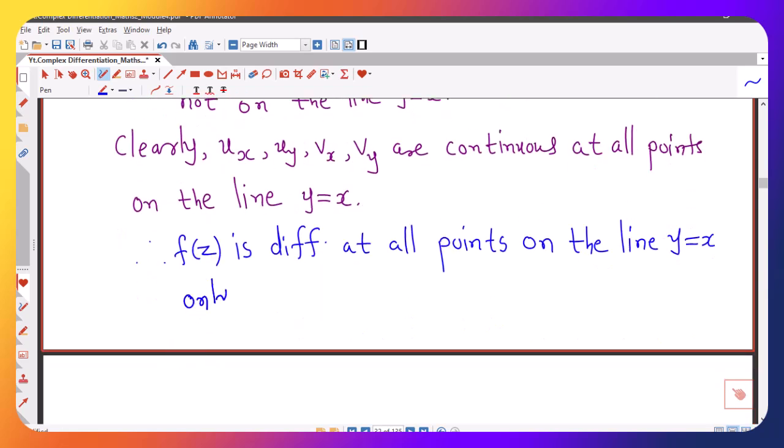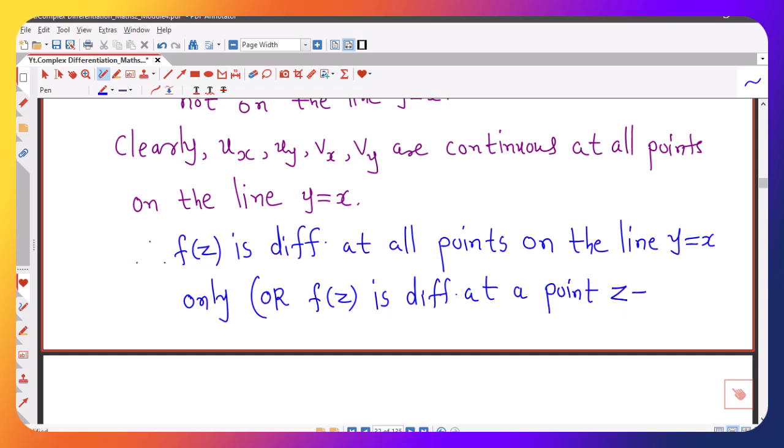So I am using the words at all points on the line y equal to x, or we can say that f of z is differentiable at a point z which looks like this, at the point z equal to the ordered pair (x, x) only.